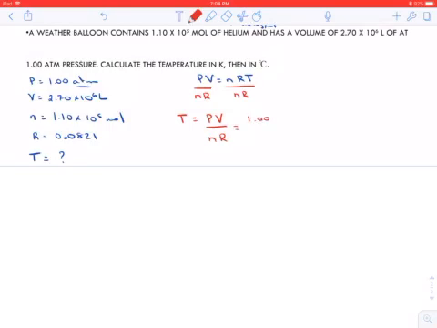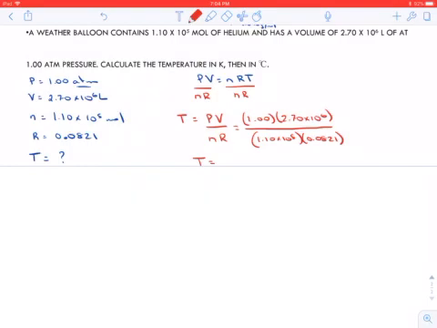Now we're ready to plug these in. We've got a pressure of 1, a volume of 2.70 times 10 to the 6th. We're going to divide that by our moles, 1.10 times 10 to the 5th, and then by our gas constant, 0.0821. This will be our temperature in Kelvin when we multiply it out.